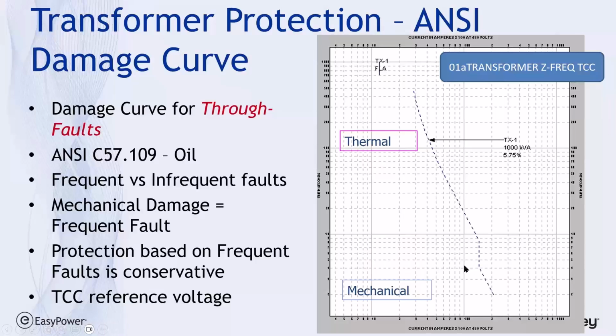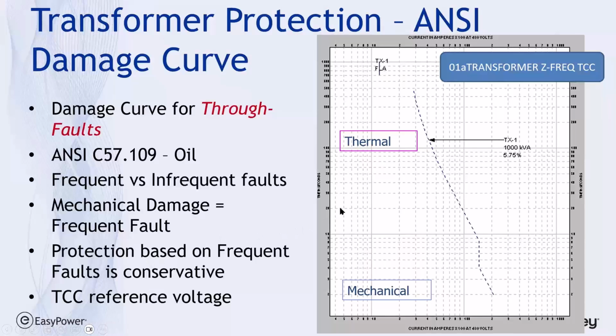So for Cat 3 and Cat 4 transformers, we're allowed 5 excursions, and consequently the design is meant to handle that. And ANSI C57 is for oil filled. It defines the frequent fault versus infrequent fault, mechanical damage, and the protection that's required.